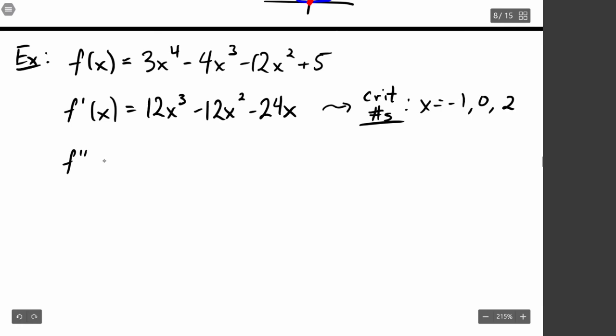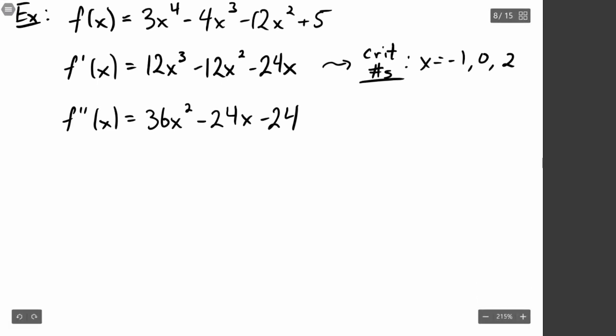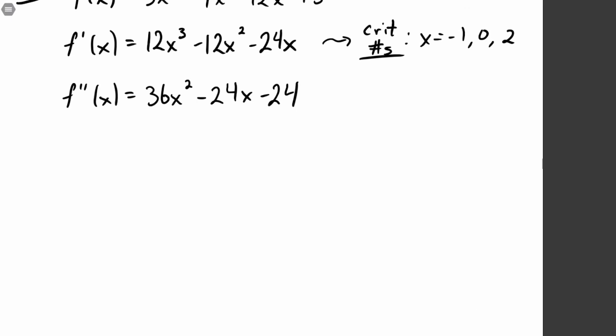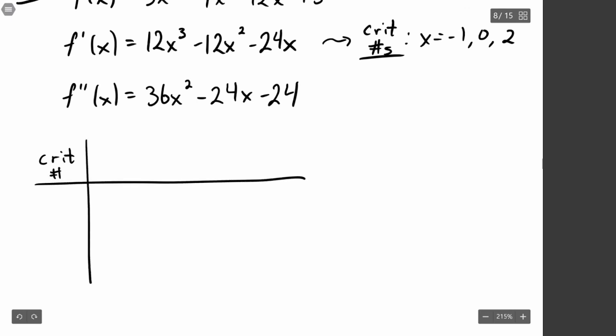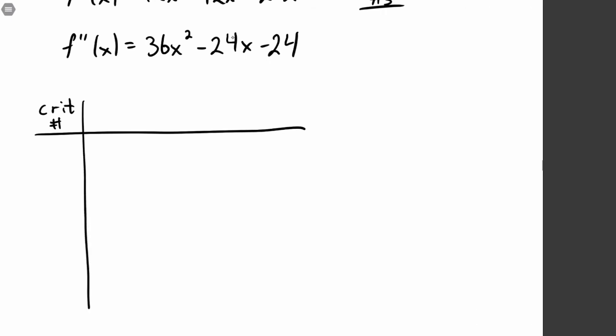Well, f double prime of x, so we take our second derivative, is 36x squared minus 24x minus 24. So what we want to do here is say, well, we have our critical numbers. And again, all we need to know is whether f double prime is positive or negative, but this we can't factor, so it'll be a little harder to do.